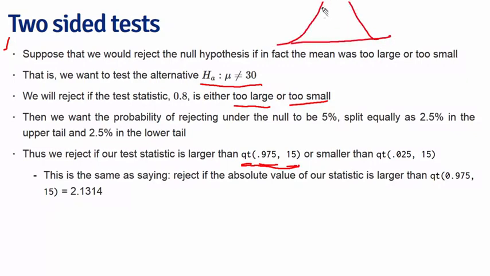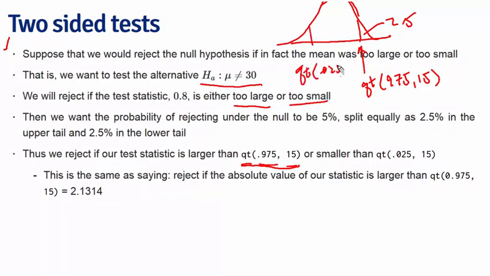So let me draw an example of our t-distribution. This will be the point qt 0.975 with 15 degrees of freedom. That would be 2.5% in that tail. And this is the point qt 0.025 with 15 degrees of freedom. And that's 2.5% in that tail.